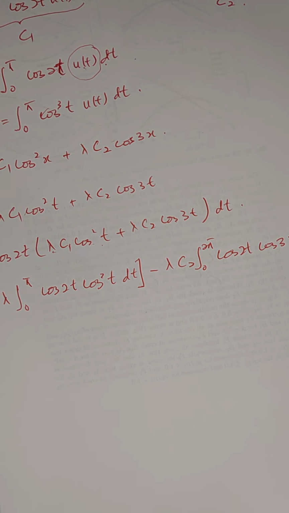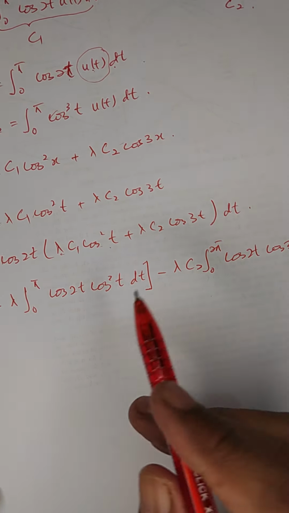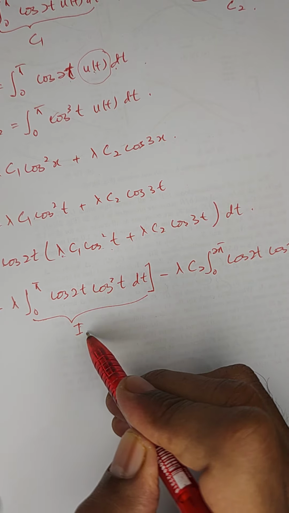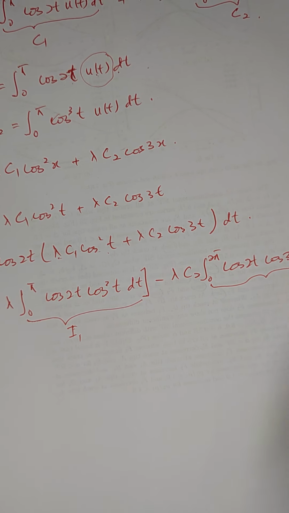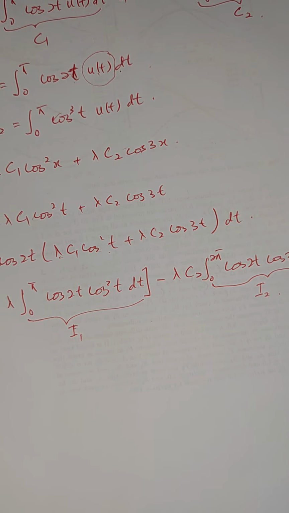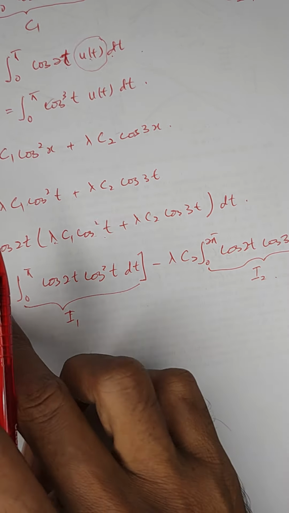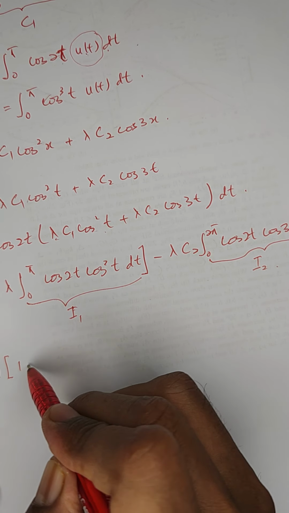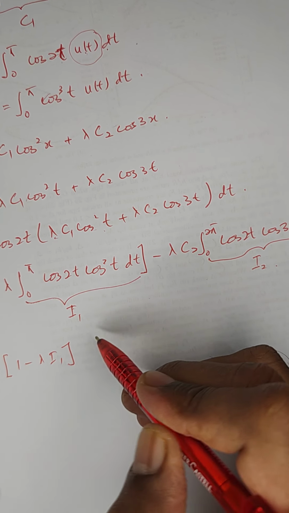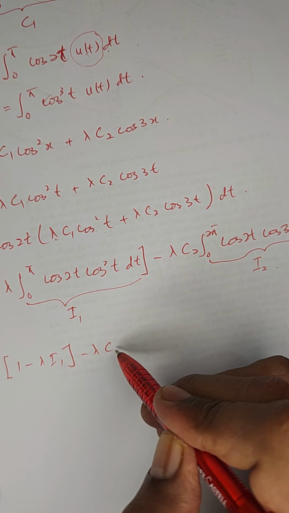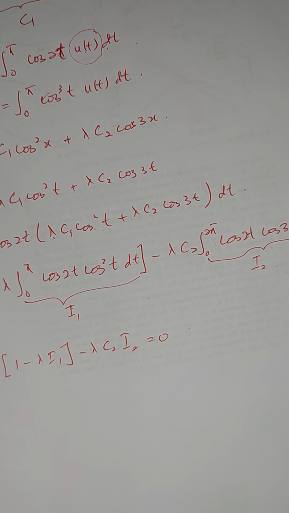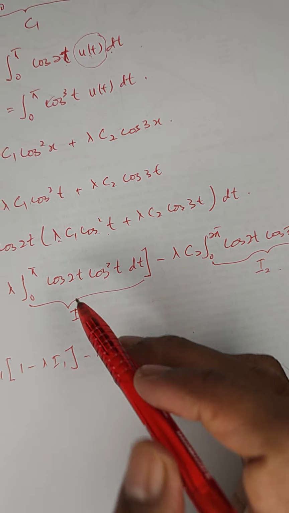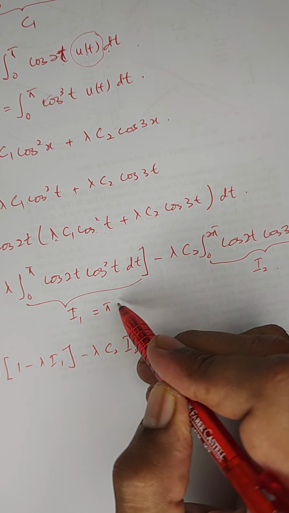And then to make my writing easier, I can call this I1 and I can call this I2. Then the equation becomes c1 times 1 minus lambda I1, minus lambda c2 I2, that equal to 0. Of course, I1 and I2 you can evaluate. If you evaluate this, it will give you pi over 4.